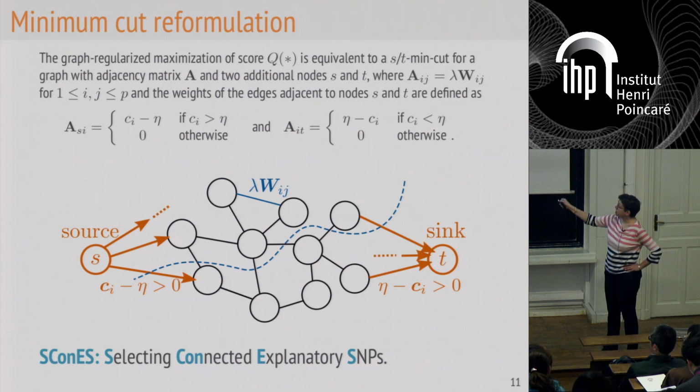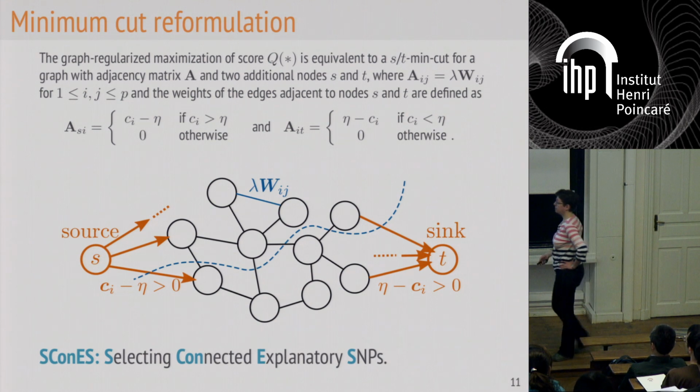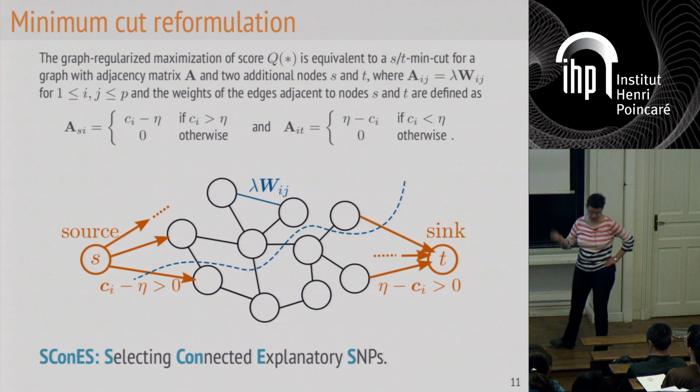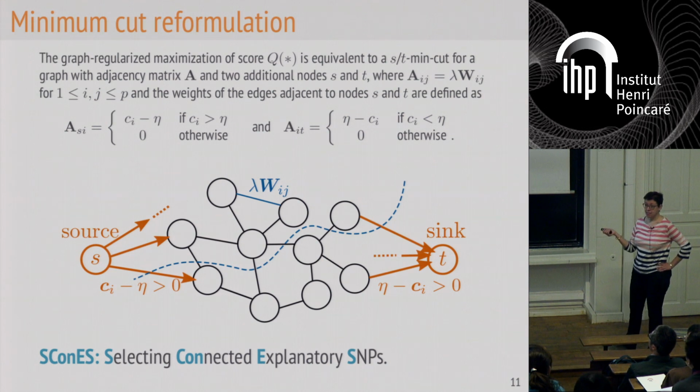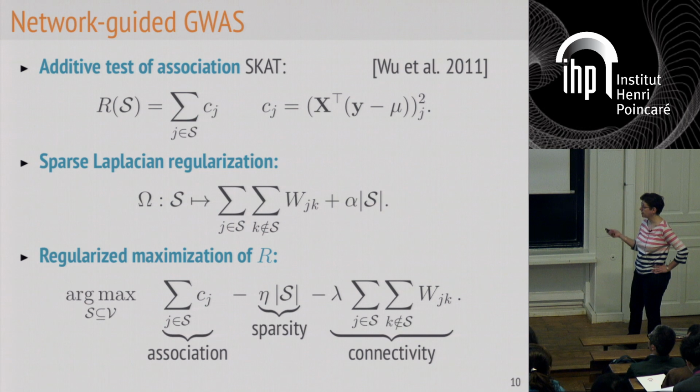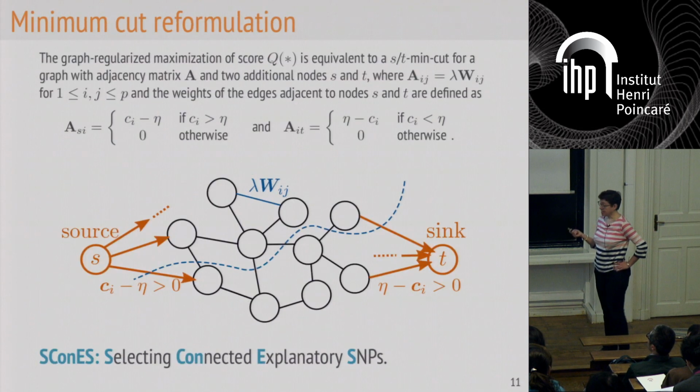The nodes that are connected to the source in the end are the ones that are selected by this algorithm. So what min-cut provides here is a fast way to solve this optimization problem exactly. That's nice because it allows you to go much faster than the lasso version of the problem.